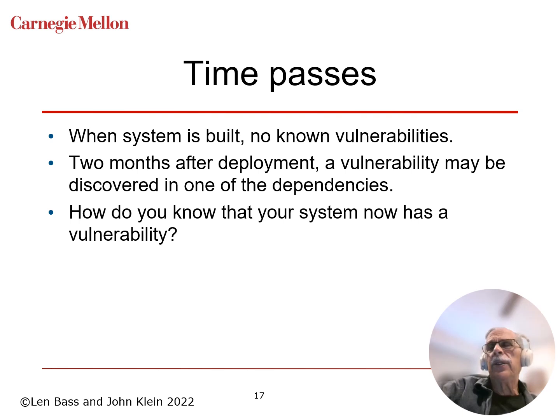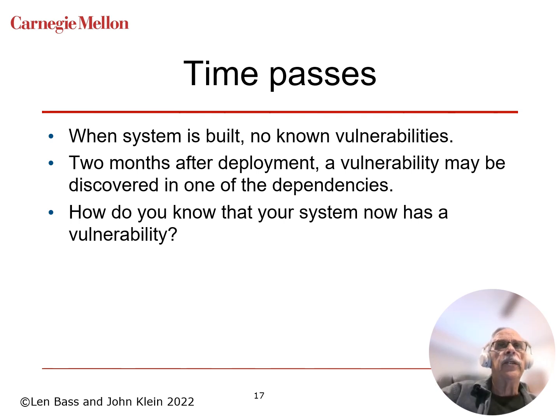But then what happens? Time passes. Okay, so you've deployed your system. It's in production. It still has an SBOM associated with it. And it turns out that a vulnerability is discovered in one of the libraries after you've deployed it. So it was clean when you deployed it, but now there's a known vulnerability.